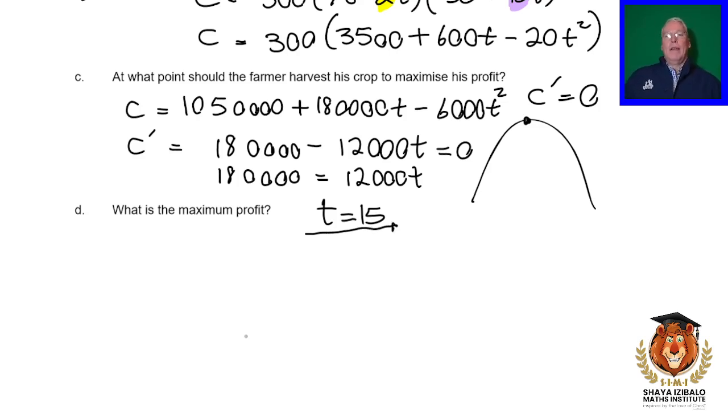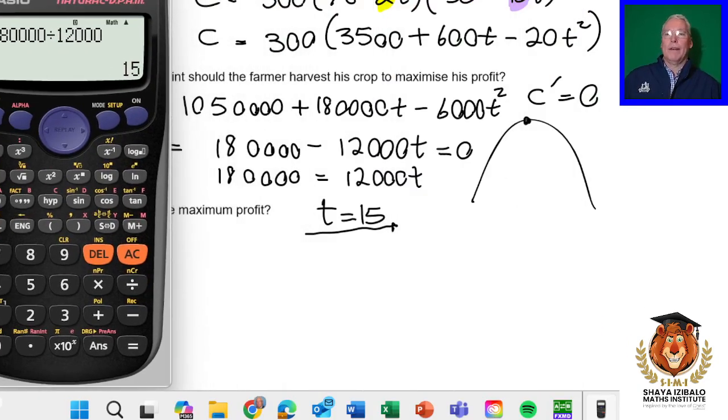And then obviously the actual what the crop is worth, the maximum profit. All we need to do is put 15 into this formula here. So let's just do that.